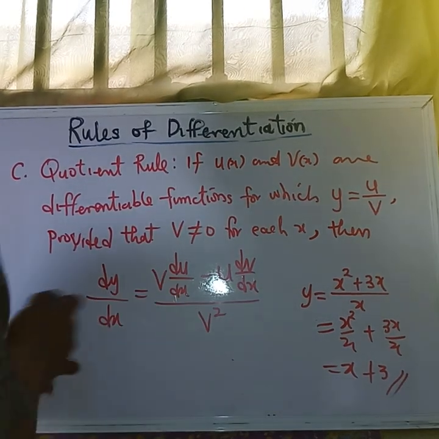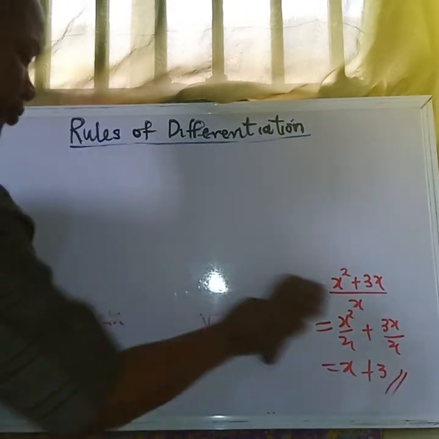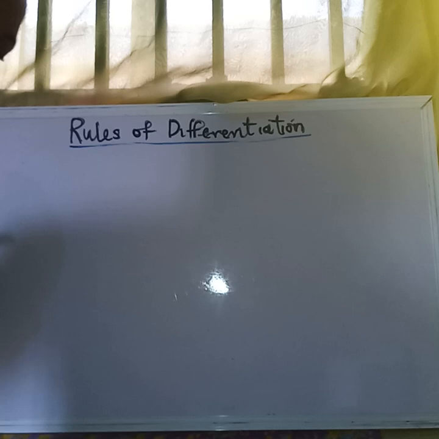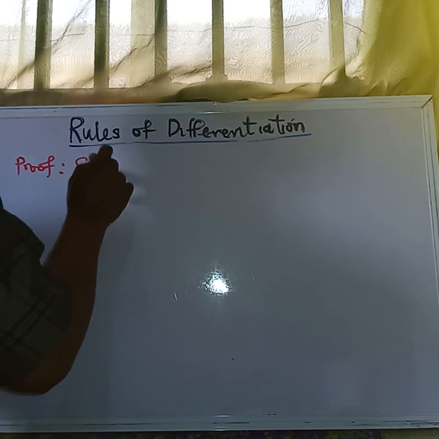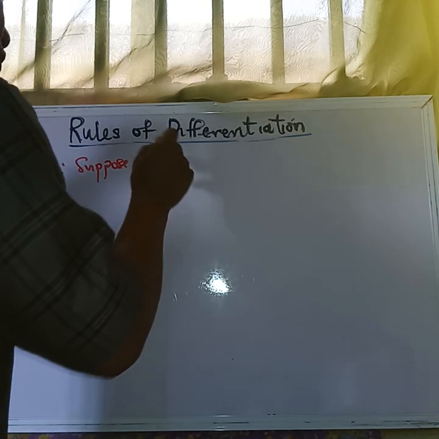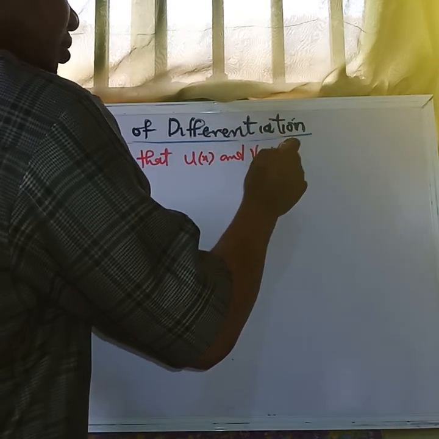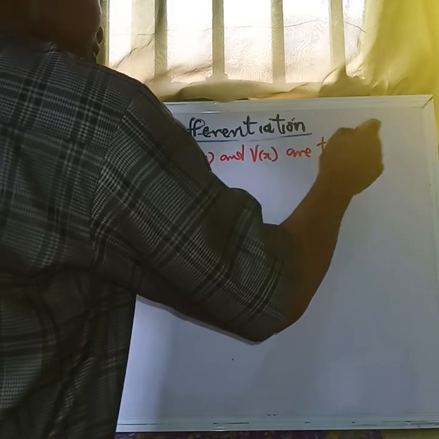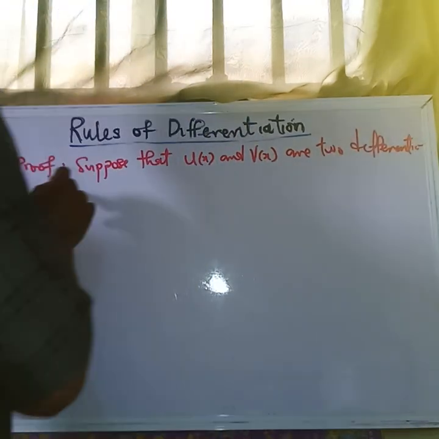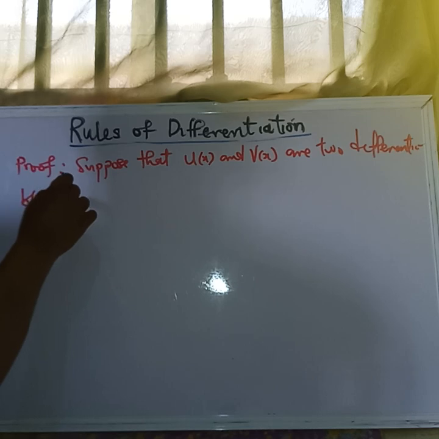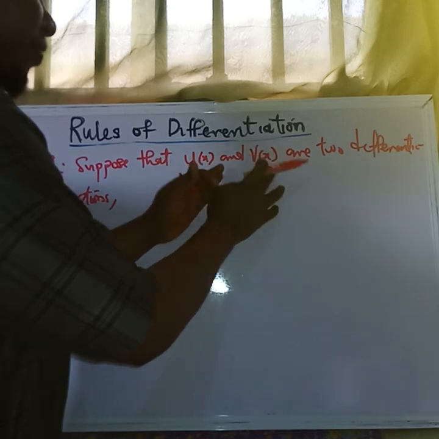The proof of the quotient rule. Suppose that u of x and v of x are two differentiable functions.